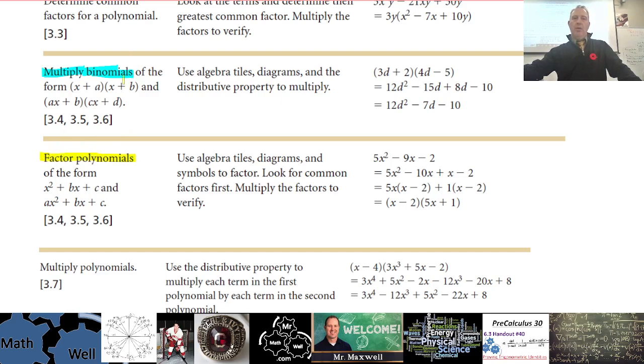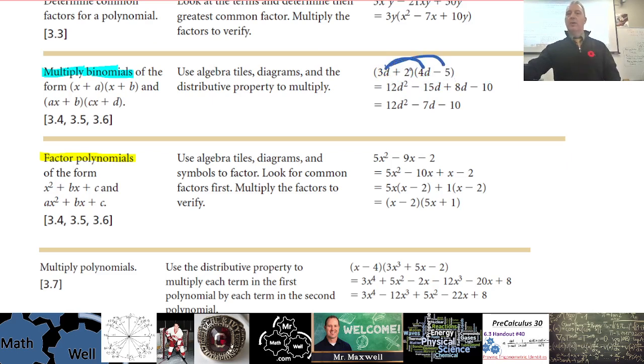So multiplying out binomials, use the FOIL method, right? That's the first terms multiplied together, then the outside terms multiplied together, then the inside terms multiplied together, and then the last terms multiplied together. Another way to look at that is distribution. So we always take each term in our first polynomial and multiply it by all the terms in the second.